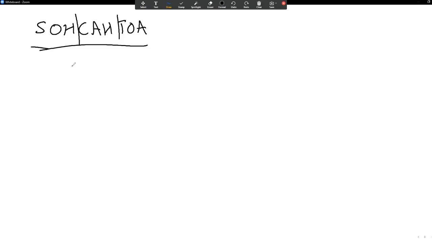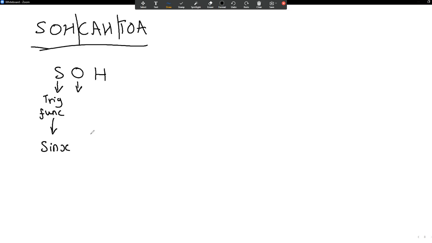So, in each case, let's take SOH. We have the first letter denoting the trig function, right? So, sine, cos, or tan. So since this is S, we have sine x, right?